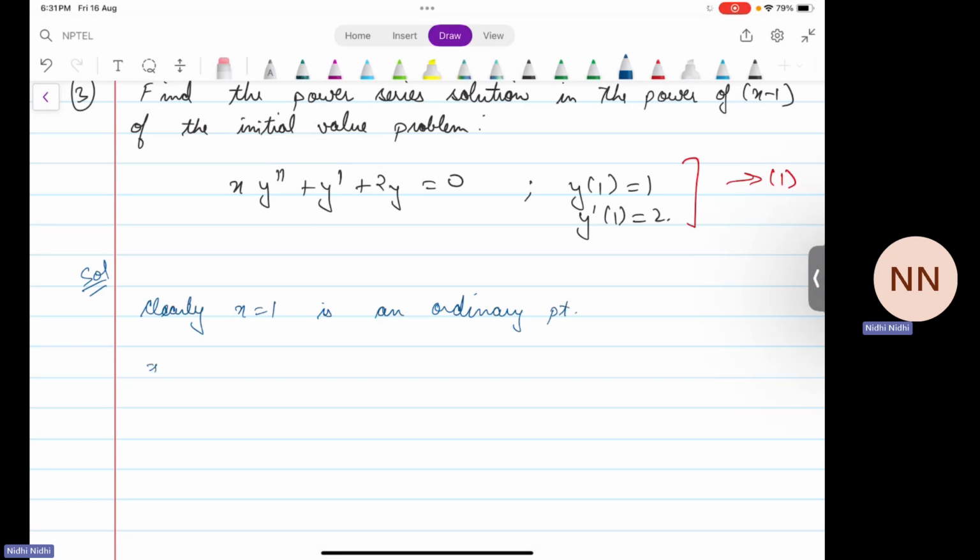This implies there exists a solution y of x of the form y of x equals summation n from 0 to infinity cn times x minus 1 to the power n.